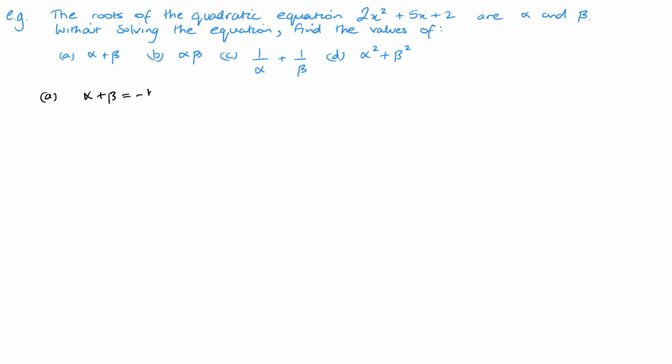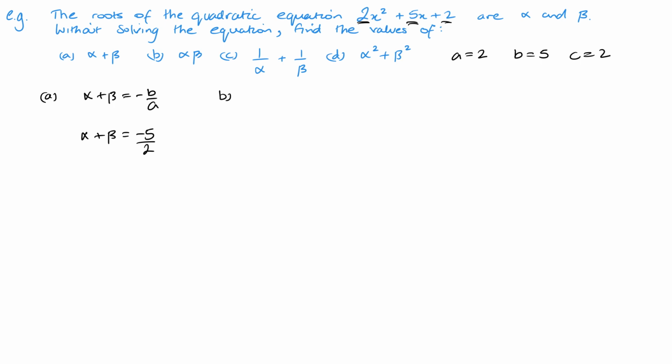And this is minus b over a. So up here, here's our three values, I'll pop those down. We've got a is 2, b is 5, and c is 2. So minus b, so that's minus 5 over 2.